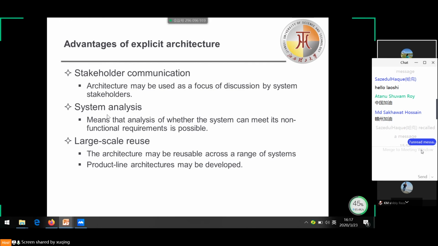That's why here we say that the architecture may be reusable across a range of systems, and product line architectures may be developed. And as we have said before, reuse, just like in object-oriented programming, is a good way to improve the efficiency of our system development.